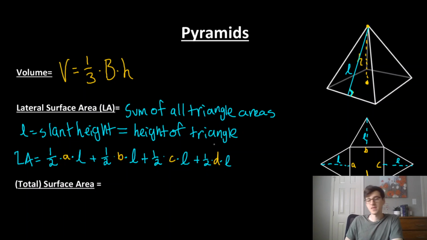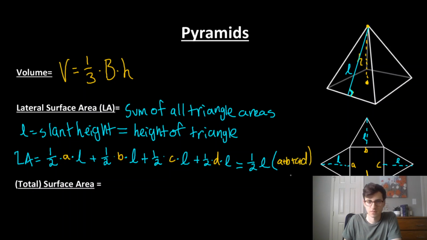Okay, and that's a lot of stuff, right? But let's see what we can factor out of this equation. Each of these expressions has a 1/2 in common, so we can factor that out. And what else do they all have in common? Well, they all have an L in common, right? They all have that slant height in common. So 1/2 L times (A plus B plus C plus D).